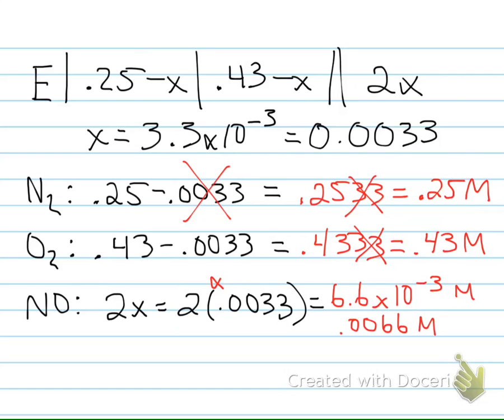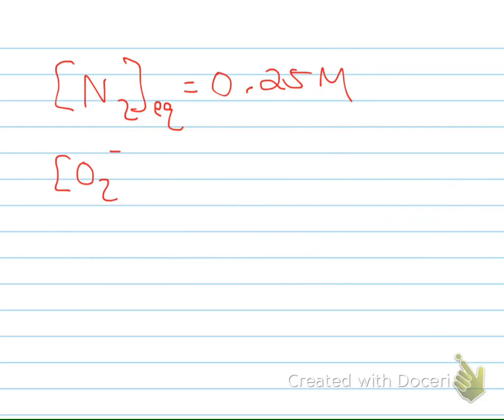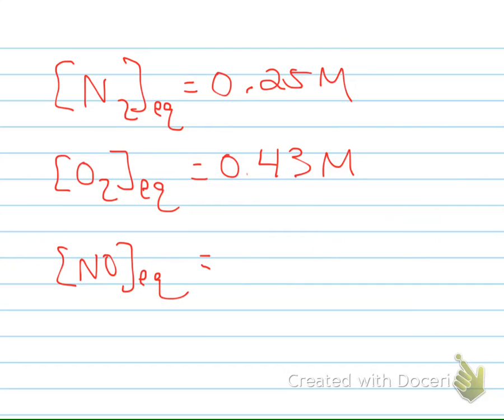To finally wrap this up, my N2 concentration at equilibrium is 0.25 molar. Equilibrium concentration of O2 is 0.43 molar. My equilibrium concentration of NO is 6.6 times 10 to the negative third molar.